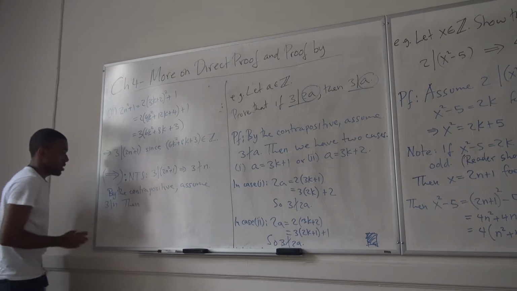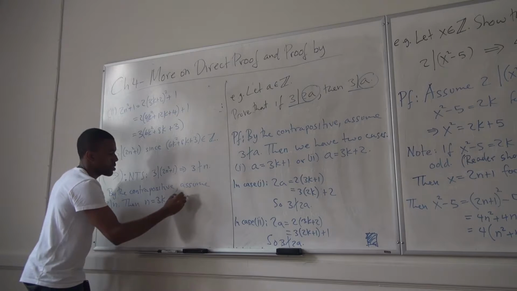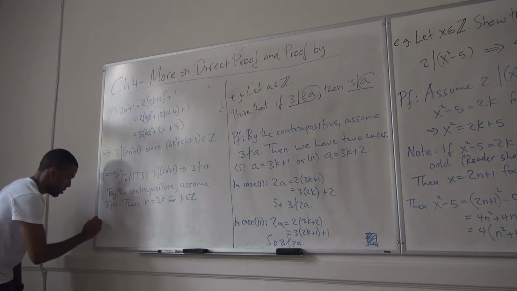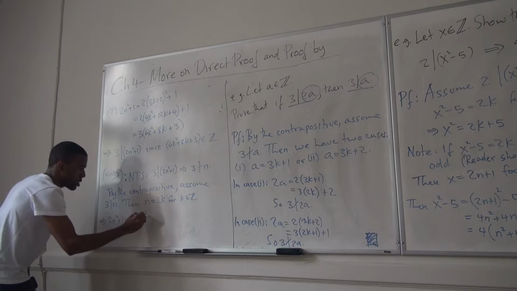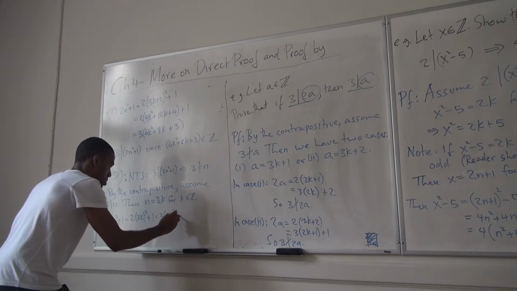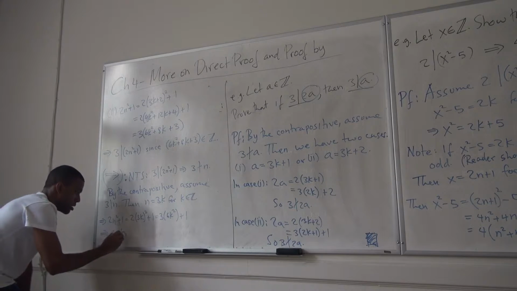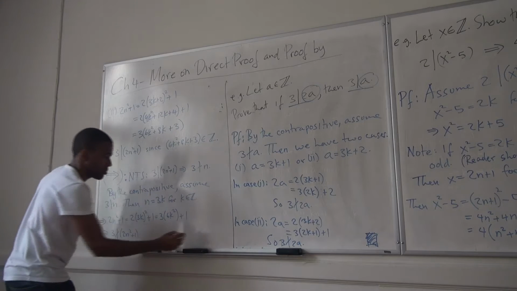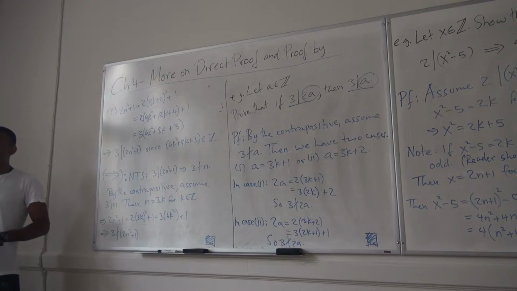Then that means that n is equal to 3k for some integer k, which would mean that 2n squared plus 1 would be equal to 2 times (3k) squared plus 1, which would be 3 times 6k squared plus 1, which means 3 does not divide 2n squared plus 1. Okay. Any questions? Concerns? Issues?